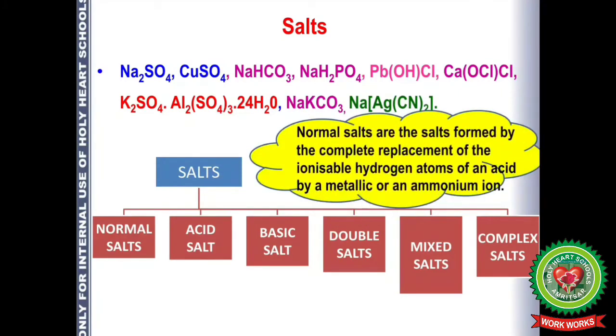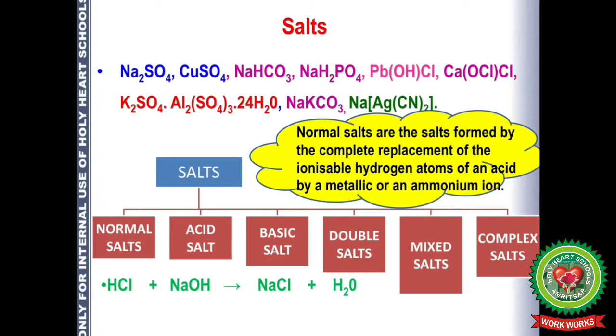What are normal salts? Let us first consider that. Normal salts are the salts formed by the complete replacement of the ionizable hydrogen atoms of an acid by a metallic or an ammonium ion. For example, we can see HCl plus NaOH. In this, complete replacement of hydrogen is done with the metallic ion and we are getting sodium chloride and water.